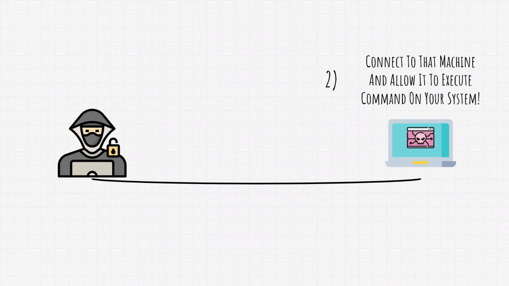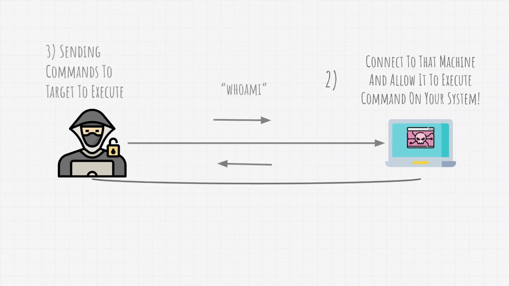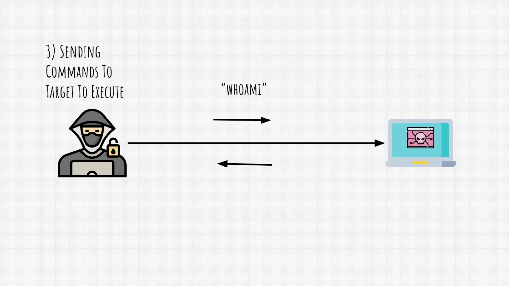And that other machine would be our Kali Linux. And the third step is pretty easy. We just send the commands that we want our target to execute. We navigate through files, run other programs, and in return, the target sends us an output of the command that we executed. Picture it like using the target's terminal from our Kali Linux machine.